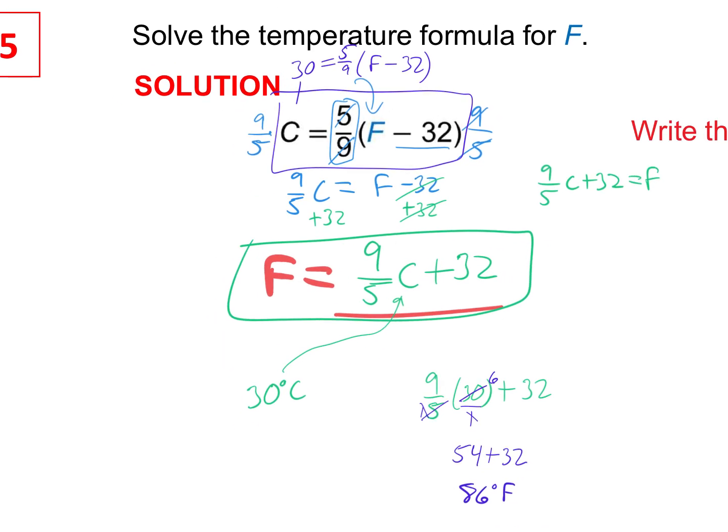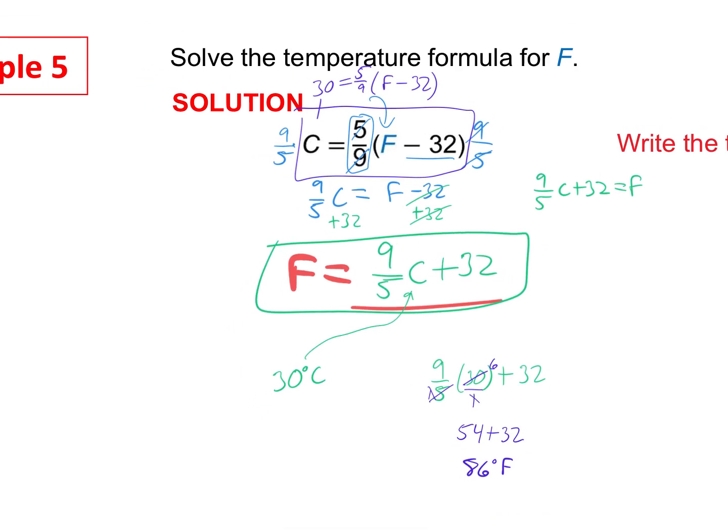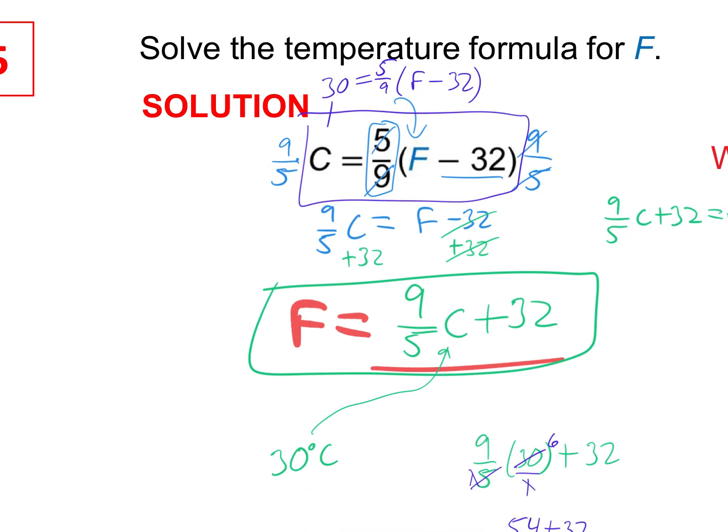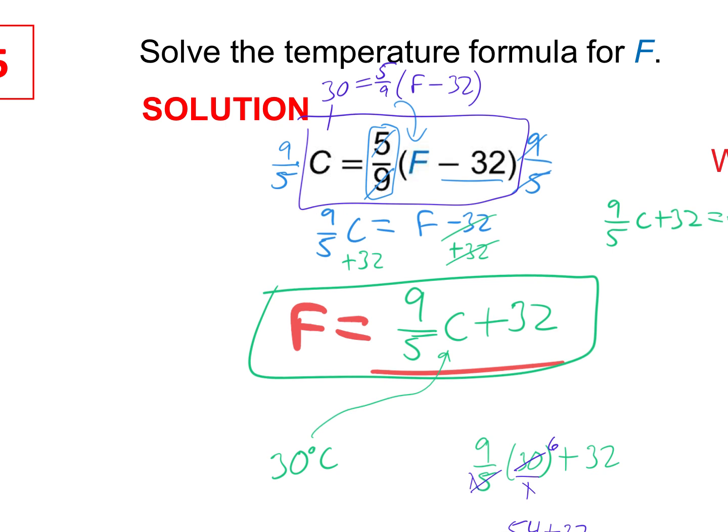Even with a quick Google search, you notice that the two formulas have all the same components, and that's always going to be the case when you're solving literal equations. Every single component is still going to show up in your final answer no matter what variable you're solving for.